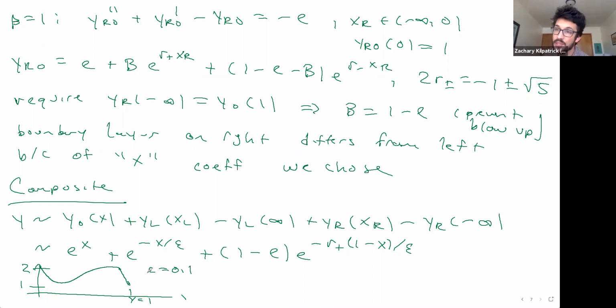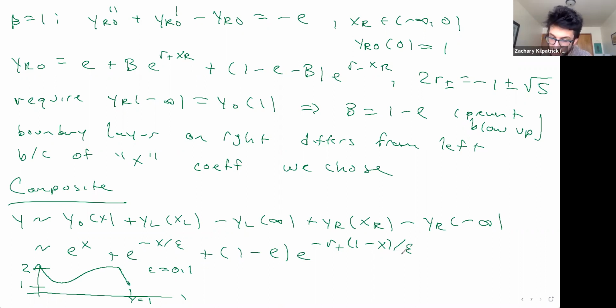As you take epsilon to be smaller and smaller, you would squish this interior layer more and more against x equals 0 and x equals 1. And these transitions would be sharper and sharper, because this exponential is going to fall off very rapidly the smaller you make epsilon, as is this one as x gets close to 1.